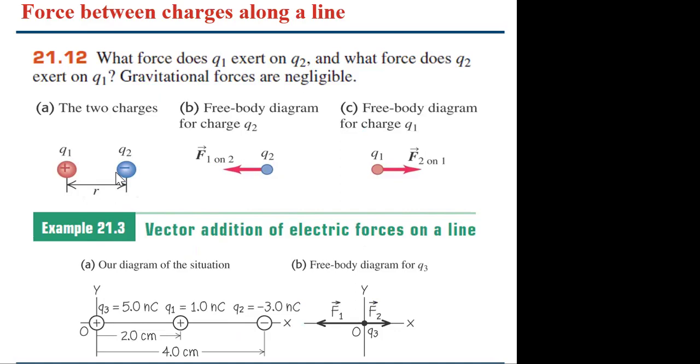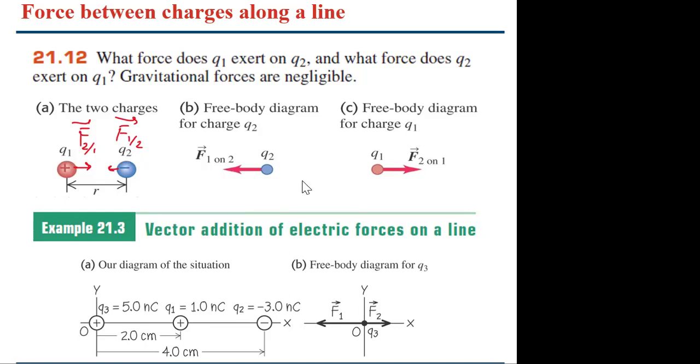They have different signs, so the force between them is attractive. This is F exerted by 2 on 1, and this is F exerted by 1 on 2. According to Coulomb, these two forces have the same magnitude but opposite direction.